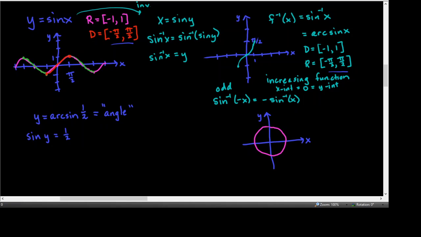Well, if you look at the range, it's anything from negative pi over 2, including negative pi over 2, to pi over 2, including pi over 2. So whenever you're doing inverse sine, the answer you get has to be an angle between negative pi over 2 and pi over 2 inclusive.